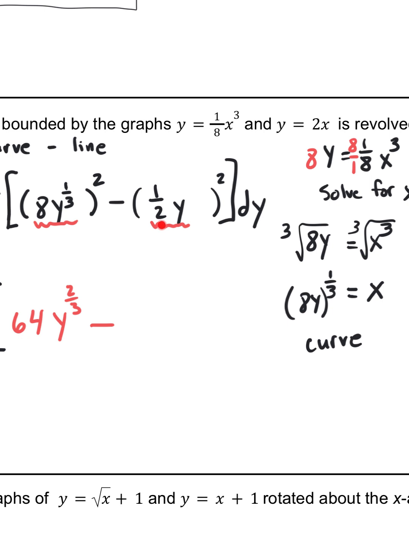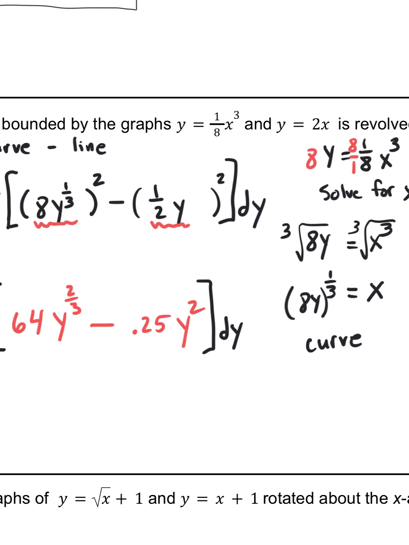So 1/2 squared is 1/2 times 1/2, which is 1/4. You could also use 0.25, and then it is y squared. If you have an older calculator, it is much easier to simplify than trying to punch all this in. If you have a newer calculator, you can probably go right from here.